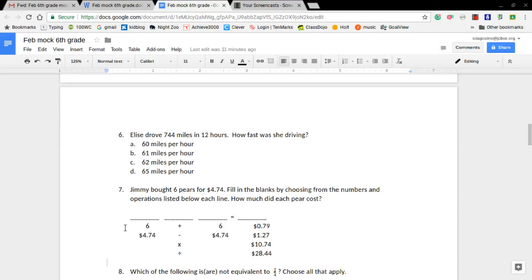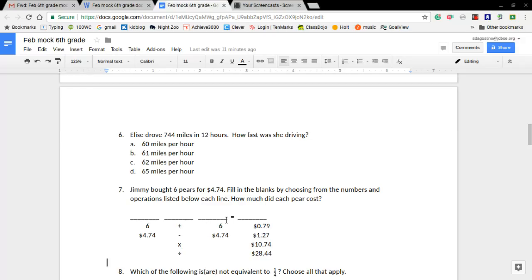Number 7, Jimmy bought 6 pears for $4.74. Fill in the blanks by choosing from the numbers and operations listed below each line. How much did each pear cost? For this line, you're going to choose 6 or $4.74. For this line, you're going to choose addition, subtraction, multiplication, division.